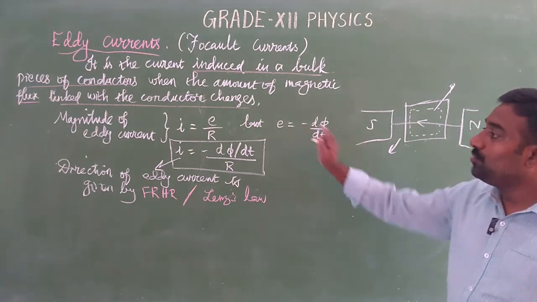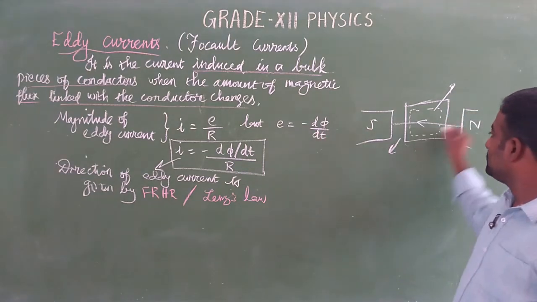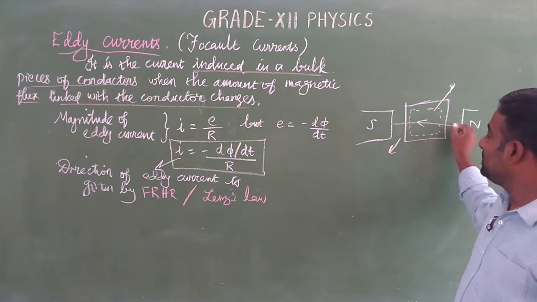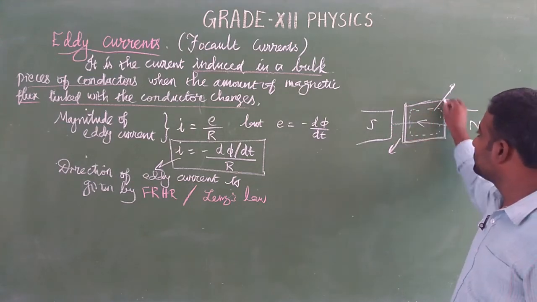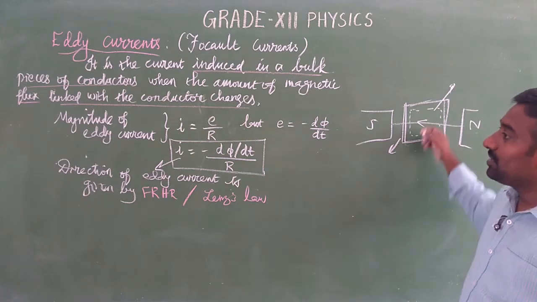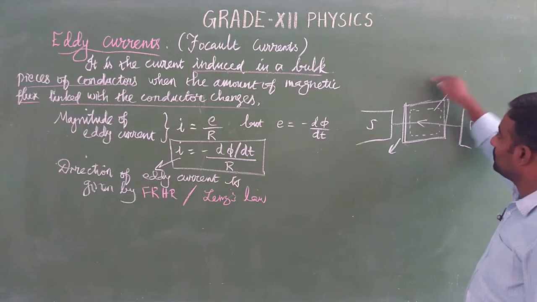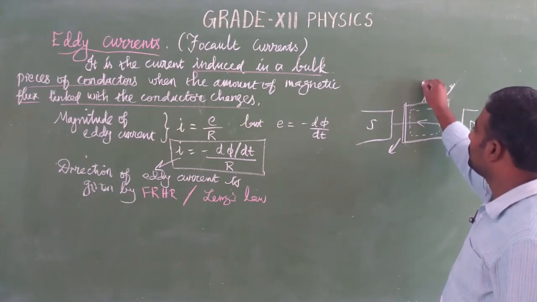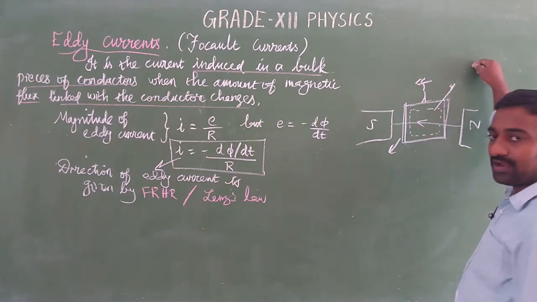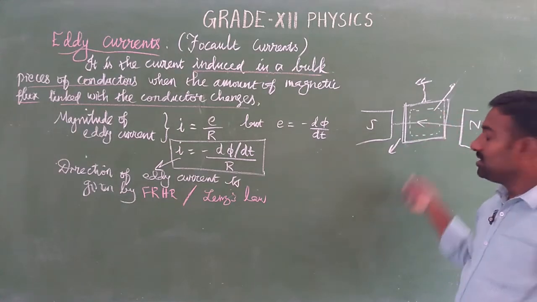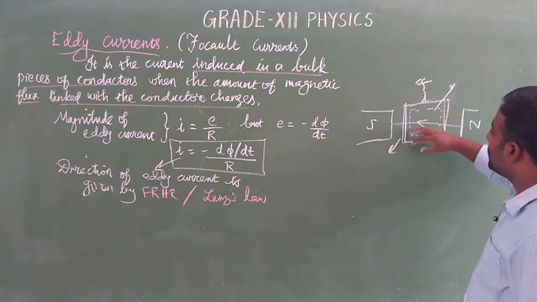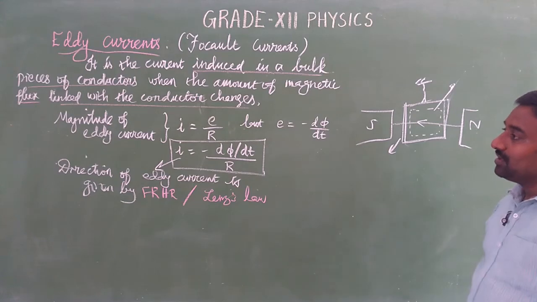I repeat once again, how to find the magnitude of the current. So we already have an external magnetic field. In the external magnetic field we have kept a bulk piece of conductor. If you are trying to move the plate out of the magnetic field, இந்த plate ஏதோ ஒரு direction நம்ம தள்ளி விடுறோம். இது என்னோட மீன் பொசிஷன்ல கட்டி தொங்கிட்டு இருக்கோம். இப்போ நான் ஒரு பக்கம் புல் பண்றேன், இல்ல இந்த பக்கம் புல் பண்றேன். So whenever the conductor is brought out of the magnetic field, what happens?